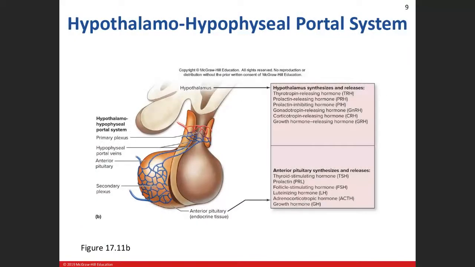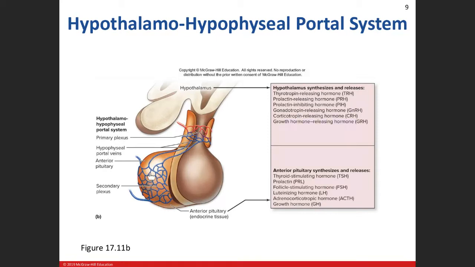The hypophyseal portal system, and you can see here we've got our primary plexus, and it's porous, so it's going to allow all these hormones that were made and released in the hypothalamus to enter into the portal system here and go from the hypothalamus down here into the anterior pituitary.